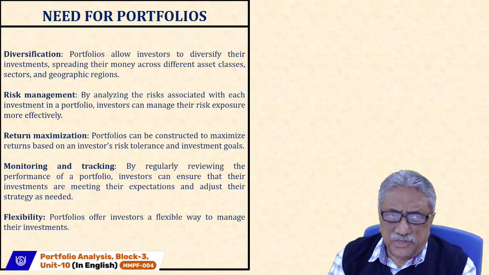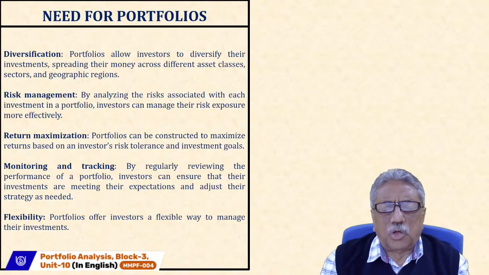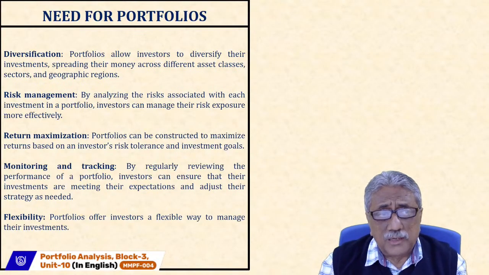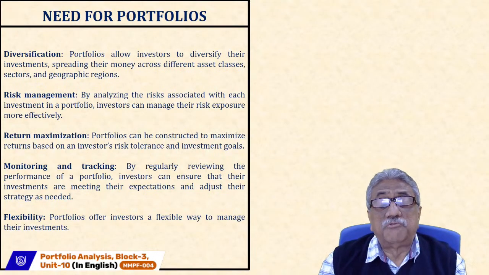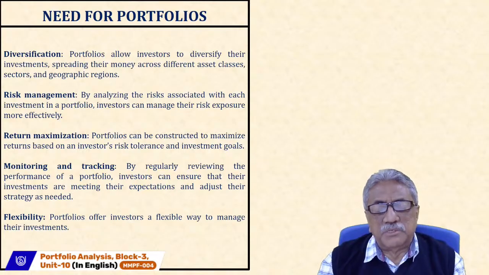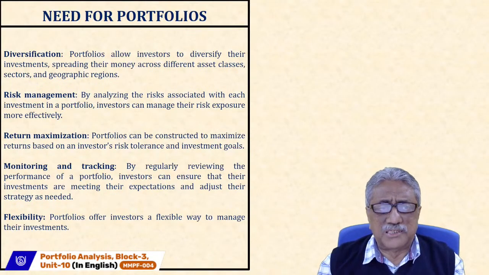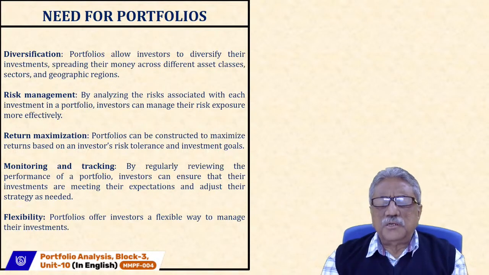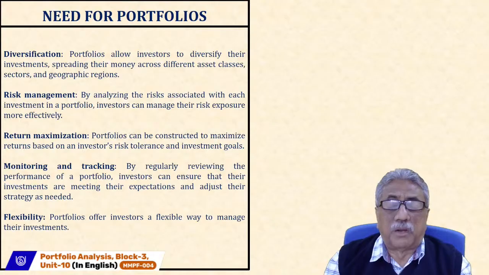Now, why portfolio? Couple of reasons are there. First of all, as I told you, if you put all your eggs in the same basket, there is a problem. So diversification is required. If you are investing in equity, then different types of sectors, maybe steel sector, maybe FMCG, maybe hospital, maybe bank, like that. And sometimes people are suggesting, this is for your information, Indian capital market is only 4% or 5% of the global capital market.